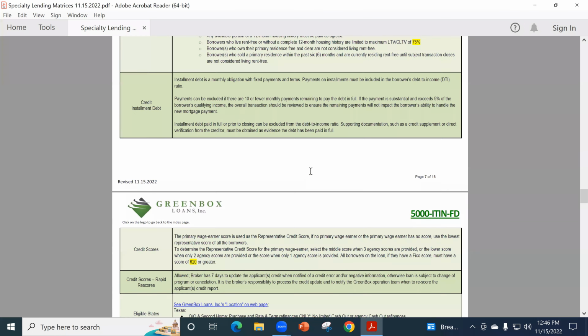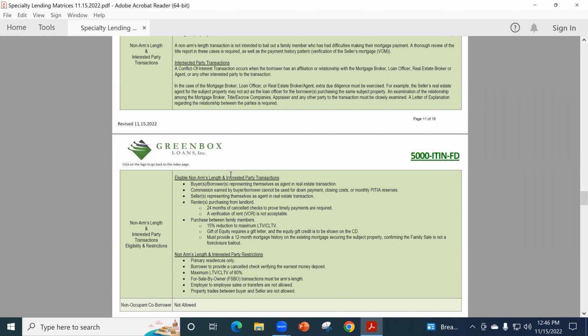If it's purchased between family members, it's a 15% reduction from maximum. So if we're trying to do 85, it'll be capped at 70. I'm sorry, not 70, 74. So you'll be at 74 if you try to go 89.